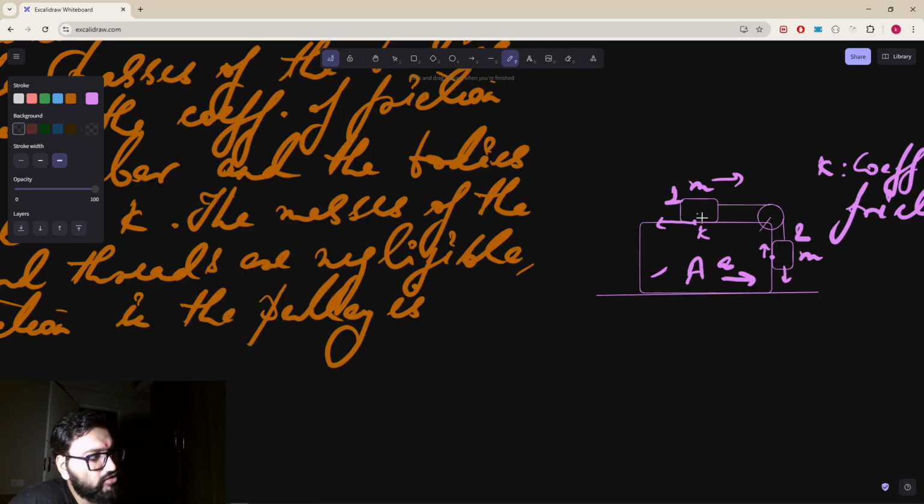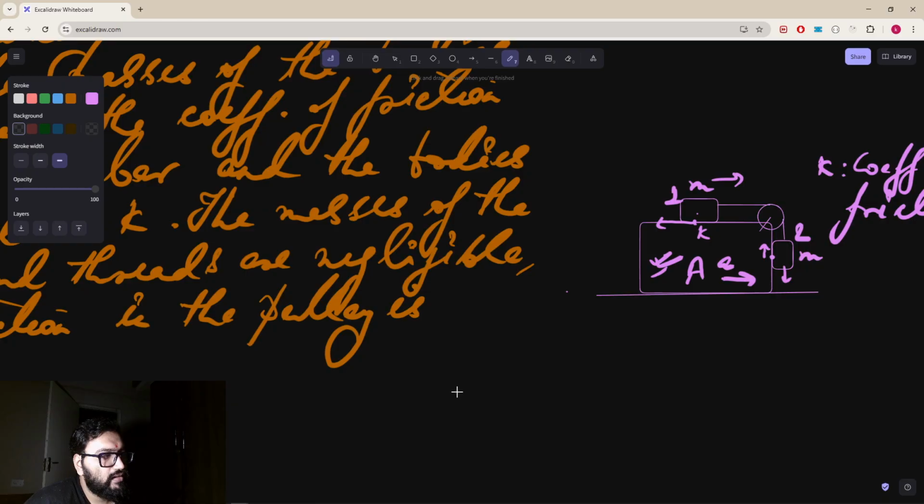This body 1 will have a tendency to move in the rightward direction, and this body will have a tendency to move in the downward direction, but it won't actually be able to move because of the forces, and that movement won't be possible with respect to body A, mind you. With respect to the ground frame of reference, body 1 and body 2 would be moving, but with respect to this body A, these two bodies won't be moving. That is what has been mentioned in the question as well.